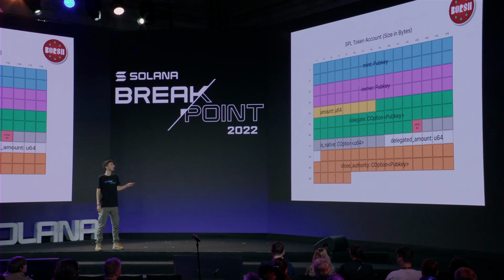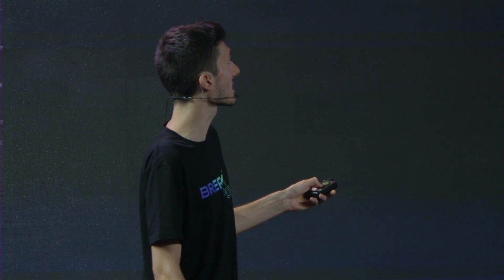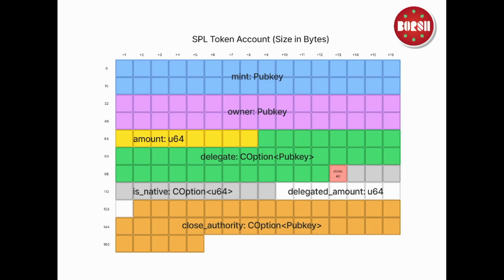The first 32 bytes are dedicated to the mint. The next 32 bytes are dedicated to the owner public key. And then we have the amount. We have also some other information that we don't really need to understand right now. But we have the mint, the owner, and then the amount.